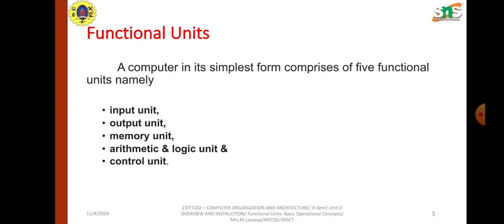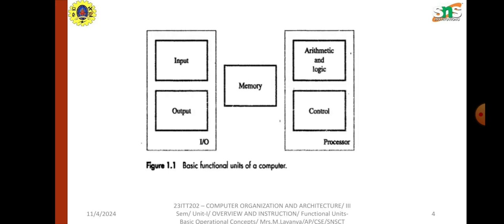Let us see what are the functional units of computer. In this, the basic 5 functional units are namely input unit, output unit, memory, ALU, and control unit. As usual, this is the basic functional unit diagram of the computer.